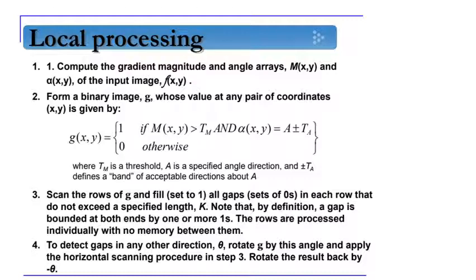Once you know the gradient magnitude and gradient angle, we go to step 2. In step 2 we form a binary image G out of the image f(x,y). How do we calculate the value of G?